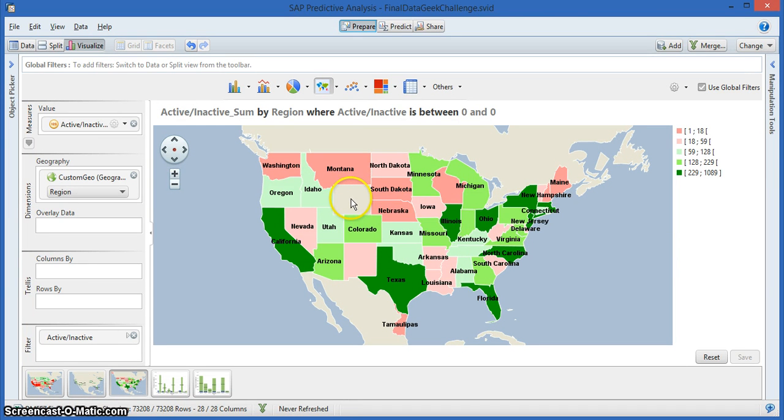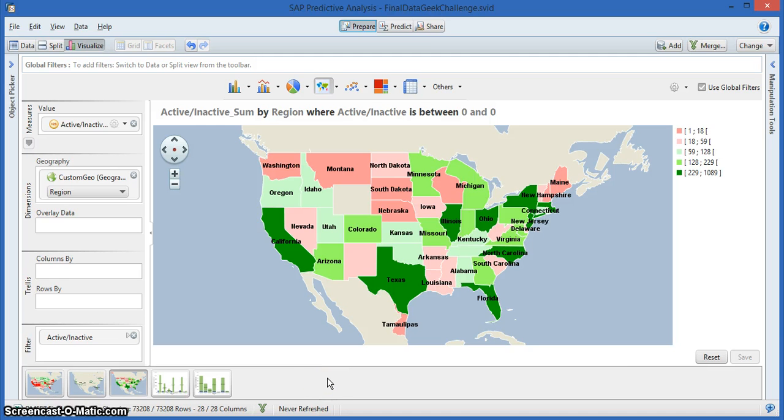In other states listed with this color over here, there are active customers, but there aren't that many of them. So the states we listed before in the dark green are the ones we should focus on sending more flyers to, because customers in those states have a higher probability of being repeat donators.